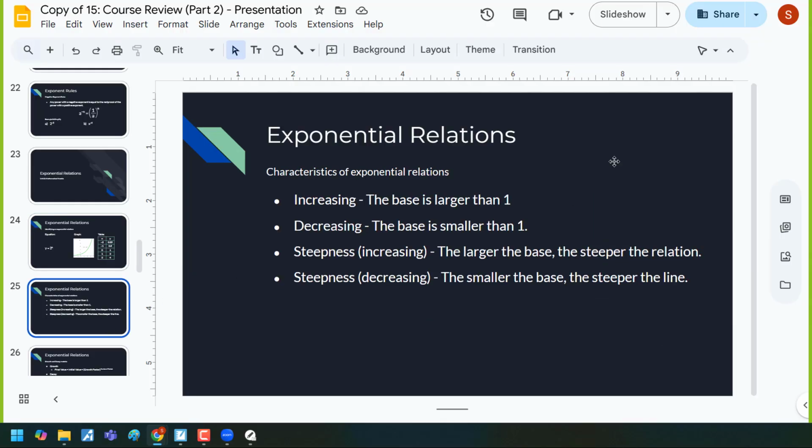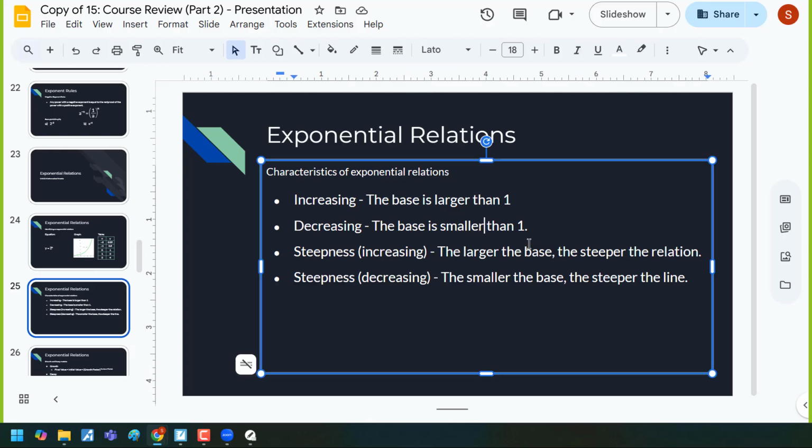Here we have some characteristics. We're increasing the base. Sorry, it's an exponential growth if the base number is larger than 1. It's a decay, or the exponential relation is decreasing when the base number, it shouldn't say smaller than 1, it should say between 0 and 1.